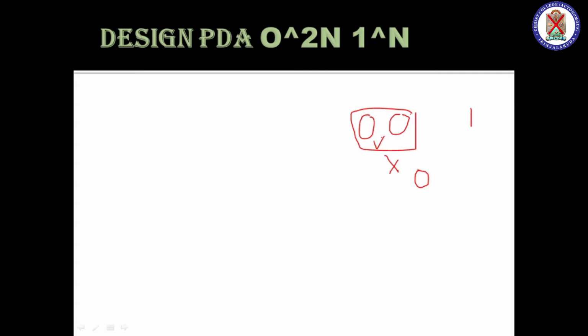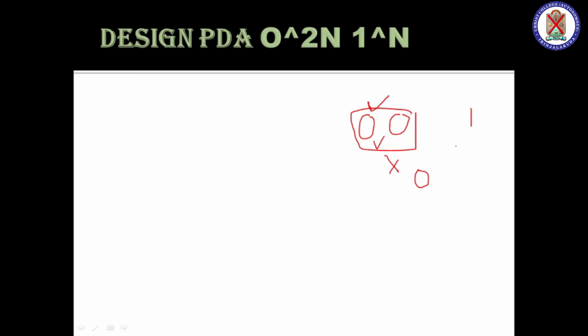That is, every consecutive pair of zeros is taken, and in each pair the first 0 is made x, and again when we see a 0, we make it 0.